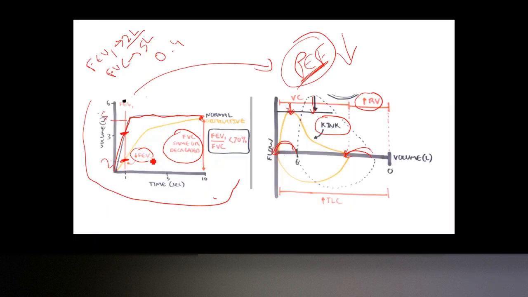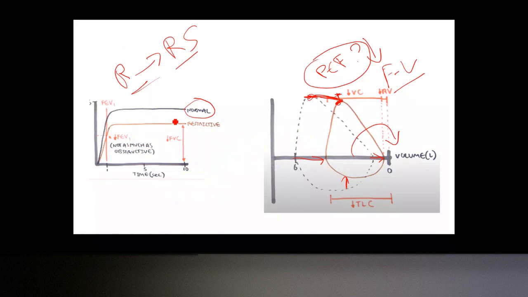Vital capacity decreases, so in order for us to be able to draw this graph, you have to first decrease the vital capacity. And again, from the PEF, we have determined that the PEF doesn't change a lot. That means the force at which I need to expel the air out is not changed so much.